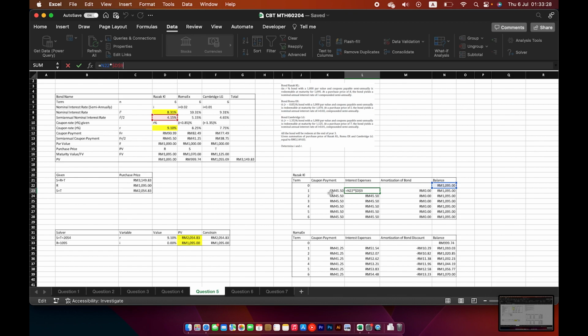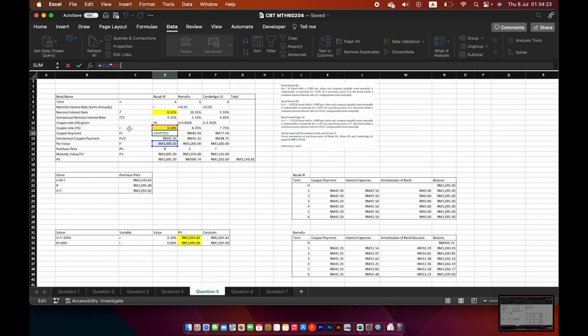And for the coupon payment, we are using this amount, the coupon rate, and we use a formula here. This is the payment, D14 times D11, which is F times R, the FR coupon payment.